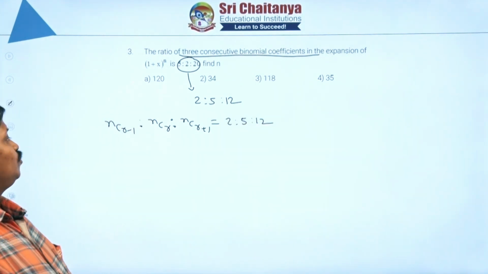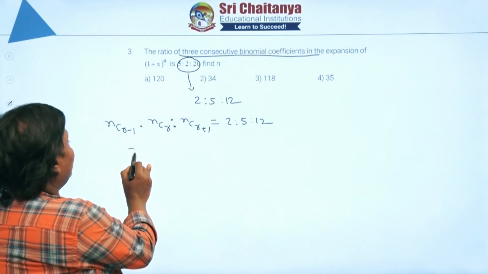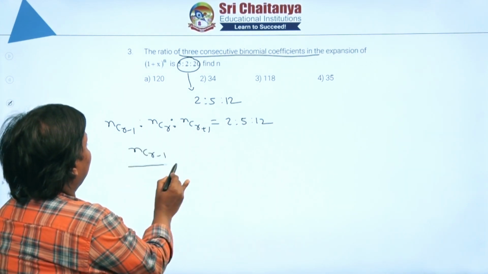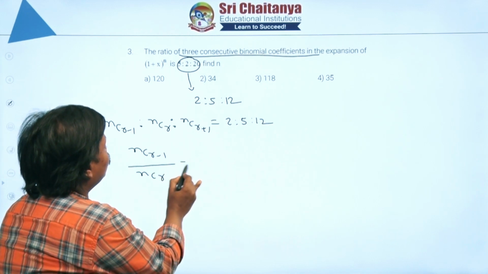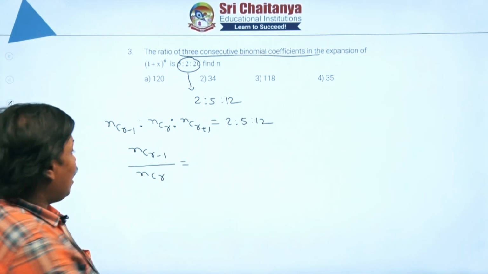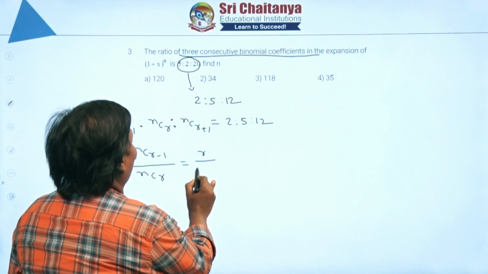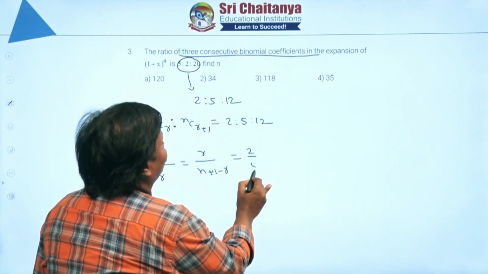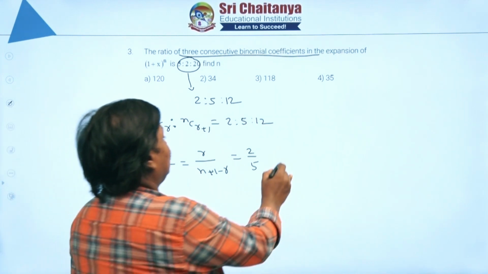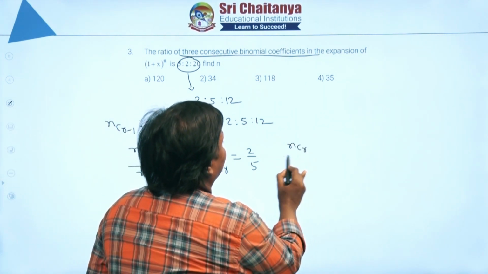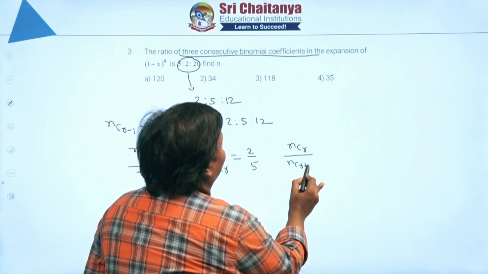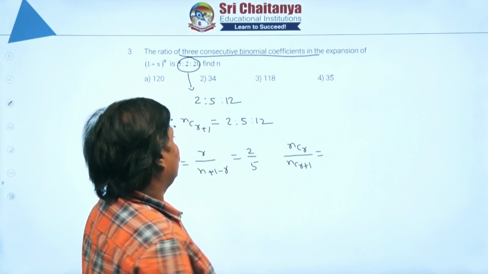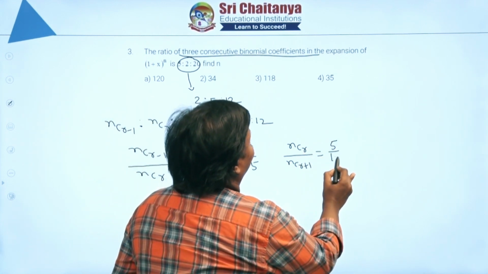So let us use that. nCr minus 1 by nCr equals, we have a relation r by n plus 1 minus r. This I write as 2 by 5. Next, nCr by nCr plus 1 equals, I can write it as 5 by 12.